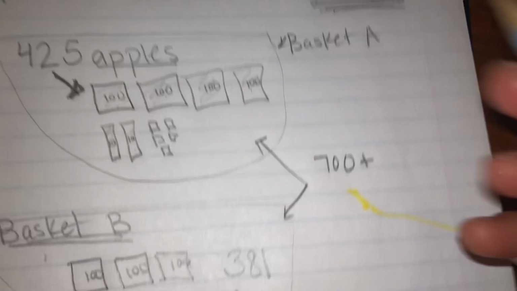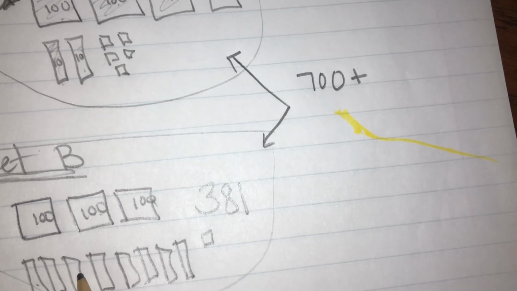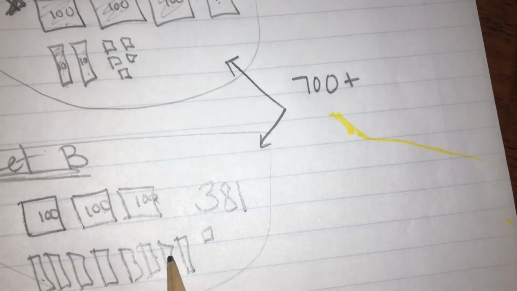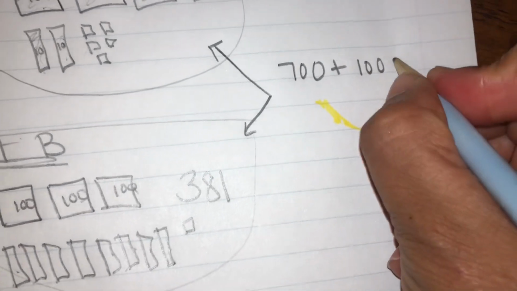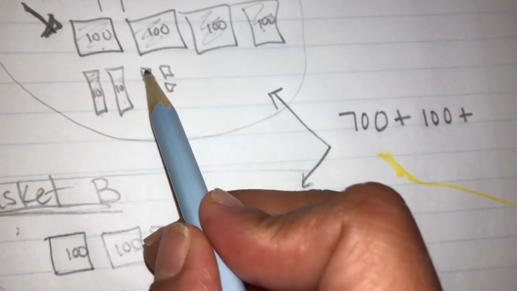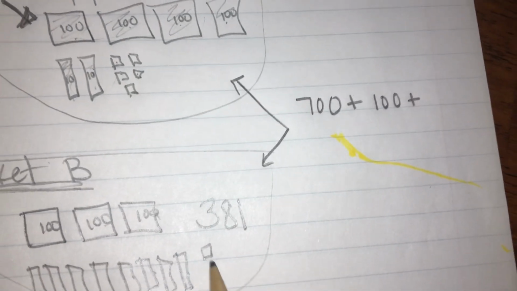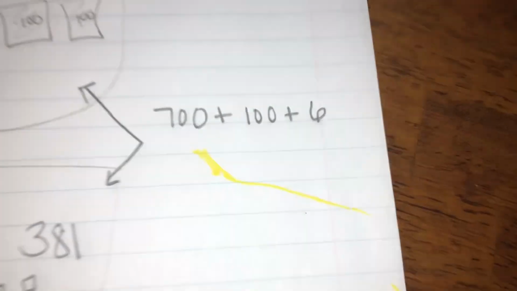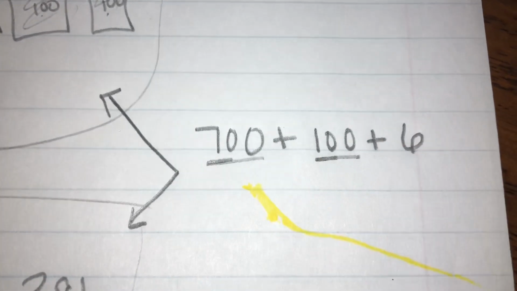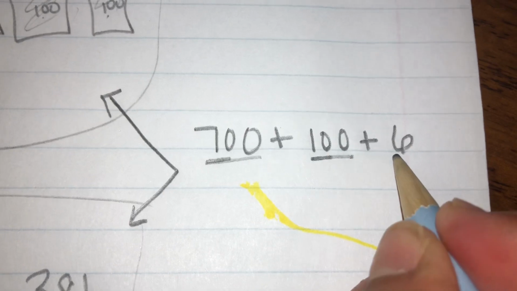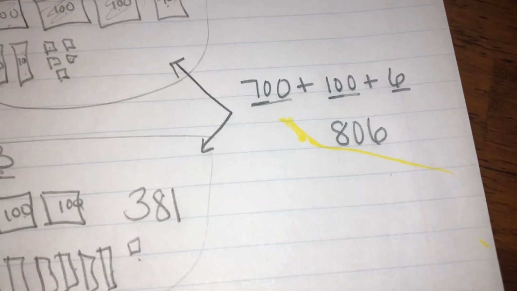Then they could do the tens, 10, 20, 30, 40, 50, 60, 70, 80, 90, 100. So plus 100. And then they can do the ones. 1, 2, 3, 4, 5, 6. So 6 ones. Now they can add it all together. So 700 plus 100 is 800 plus 6, 806. That's one way they can do it.